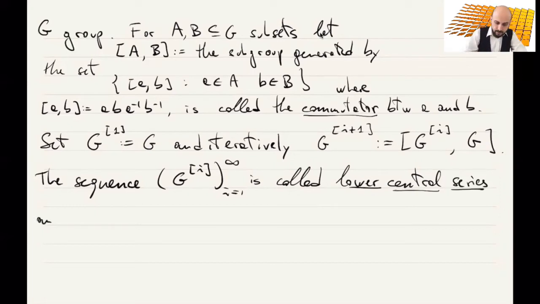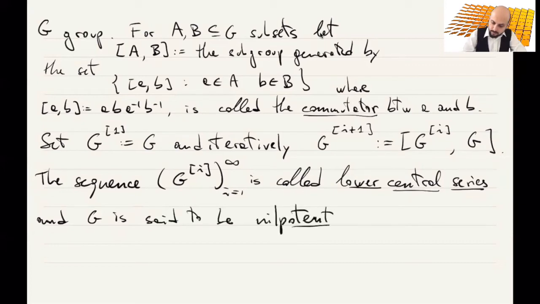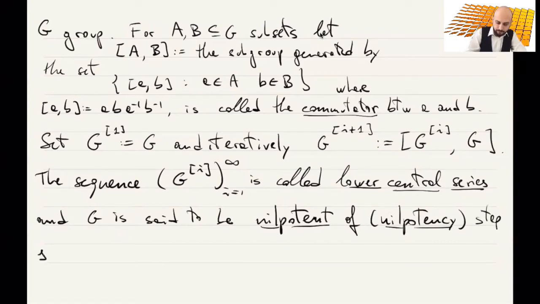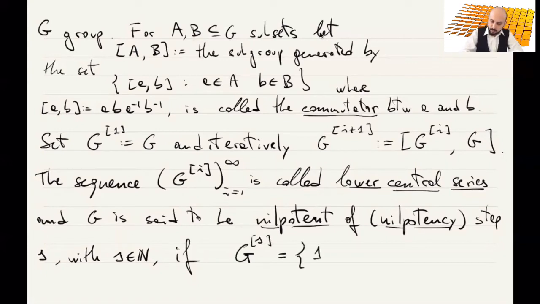And the group G is said to be nilpotent of nilpotency step, let's give the name S, with S an integer, if the S-th element of the series is equal to the trivial group 1.